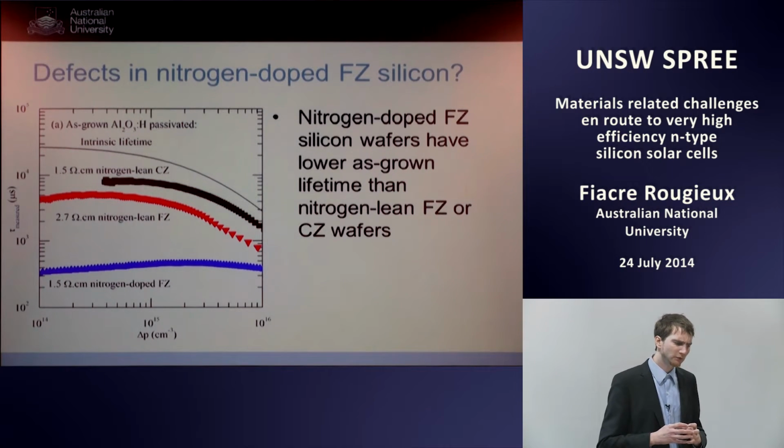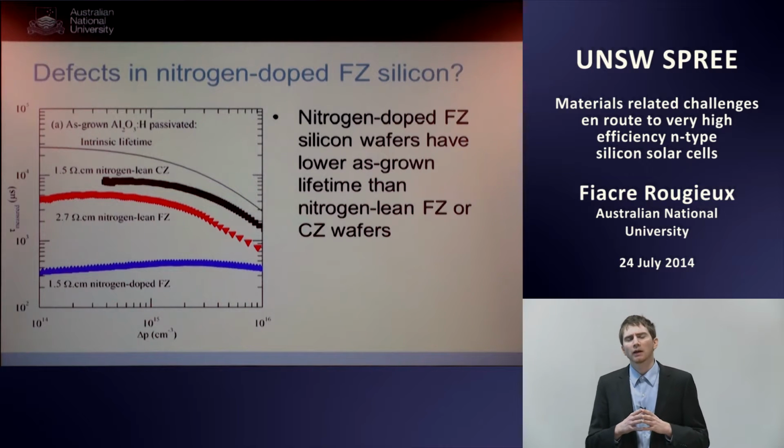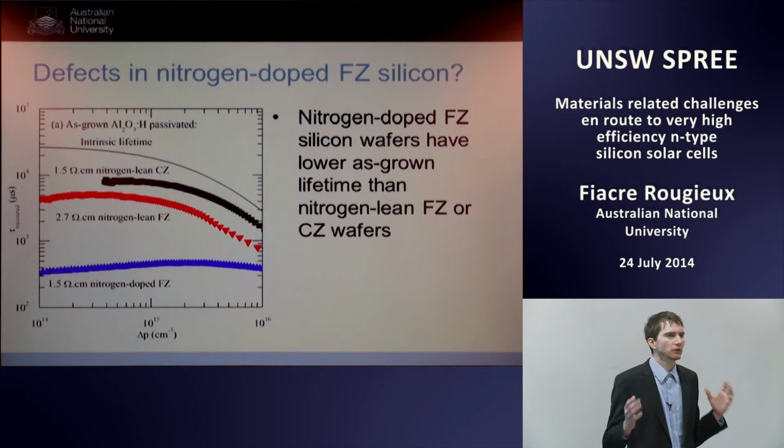So that was quite interesting, and the obvious thought that we had is, well, nitrogen is obviously creating some kind of defects here, or is enabling the creation of some defects that are recombination active in the as-grown state. The next question is, what happens if we put those wafers in a solar cell process?